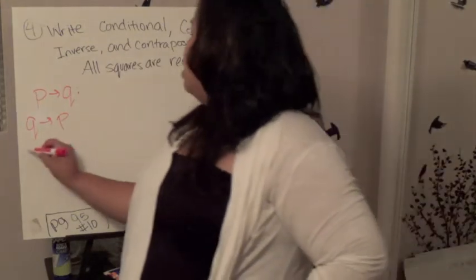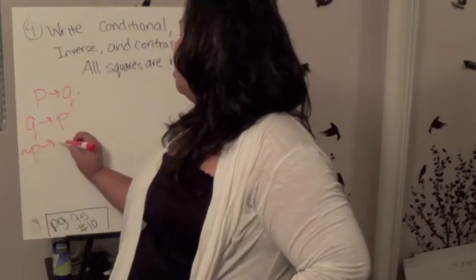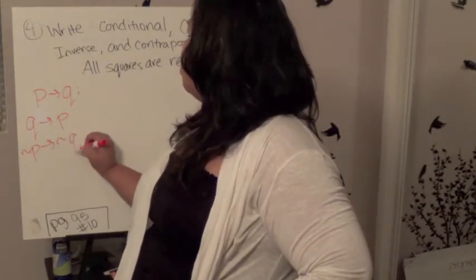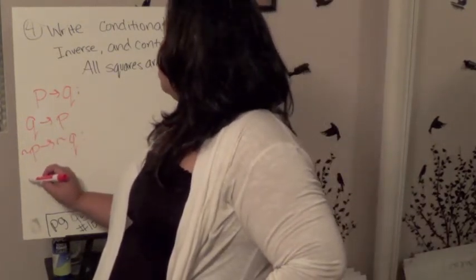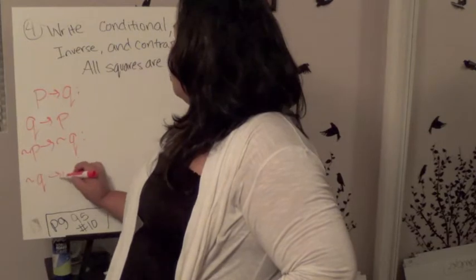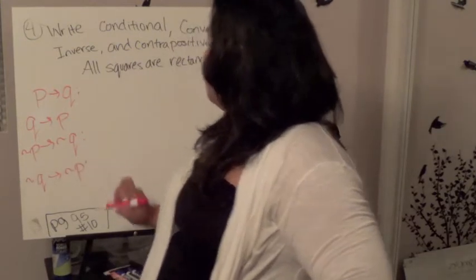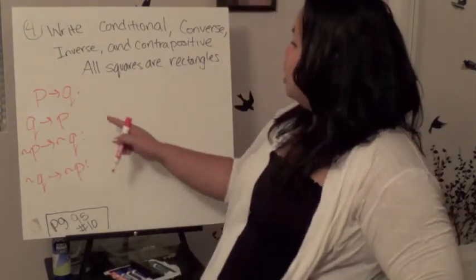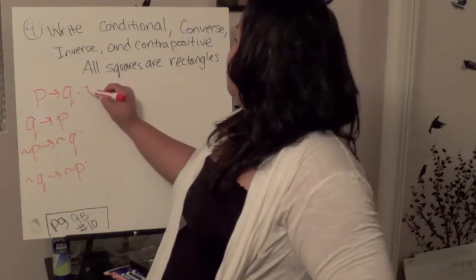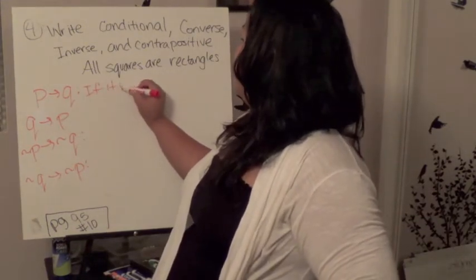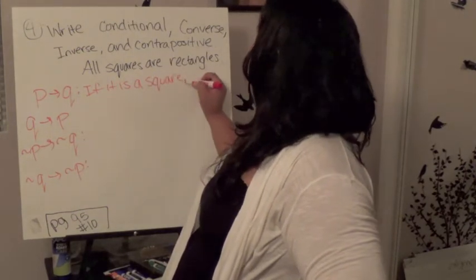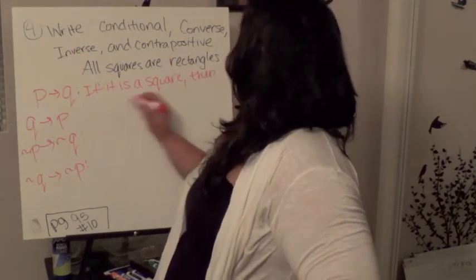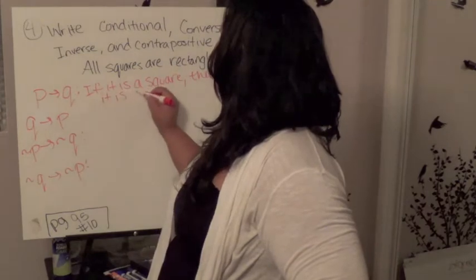Then our next one is not P, then not Q. It's the same thing as our first one, except it's going to put not. And then the last one is not Q, then not P. So in this case, if it is a square, then it is a rectangle.